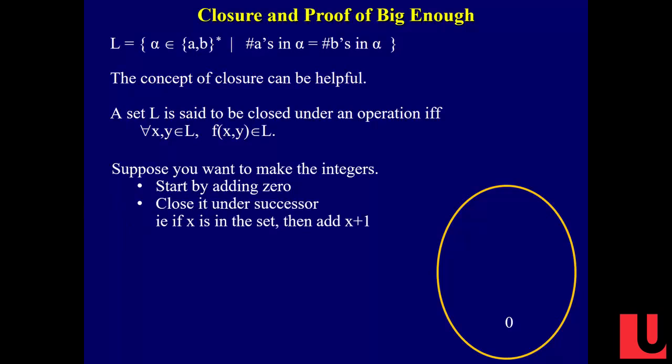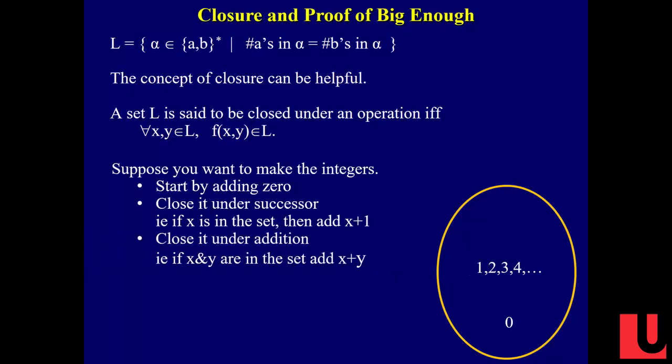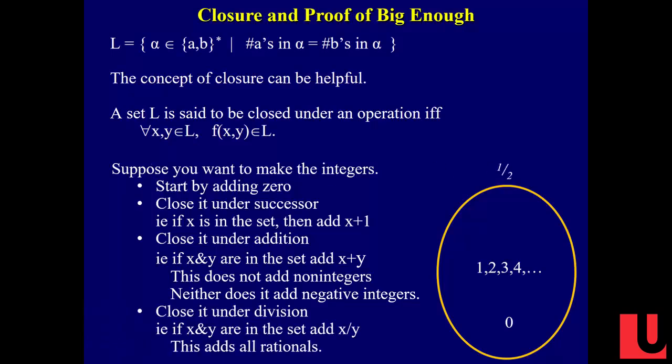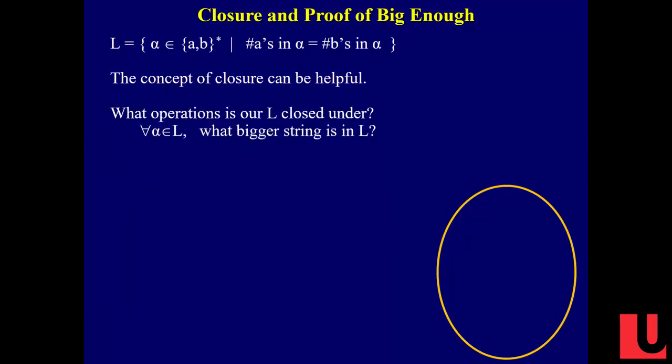So 0's in there, hence 1's, hence 2's, hence 3's, and they all get in there. We're going to do a similar thing here. Adding these extra rules doesn't add extra integers.